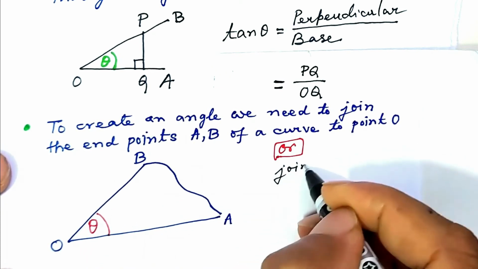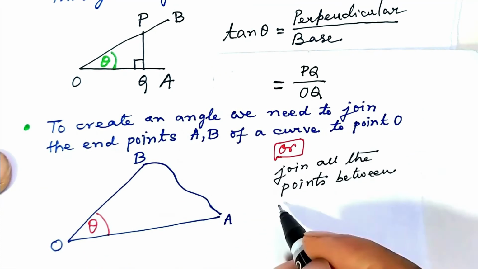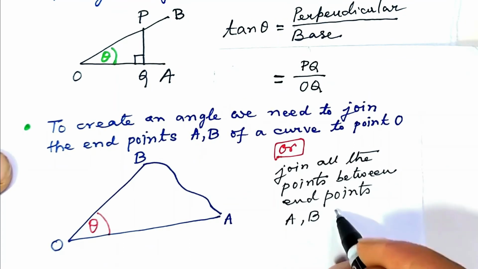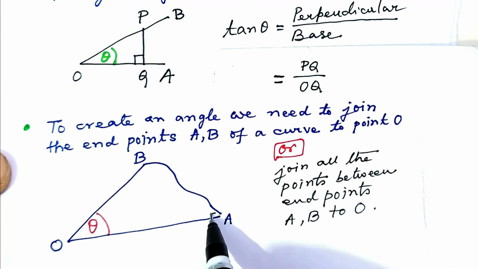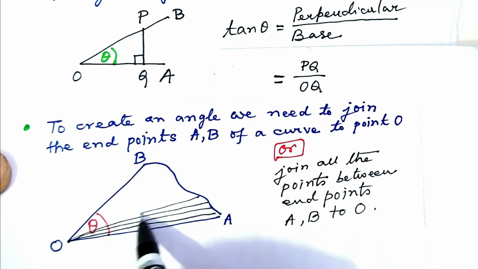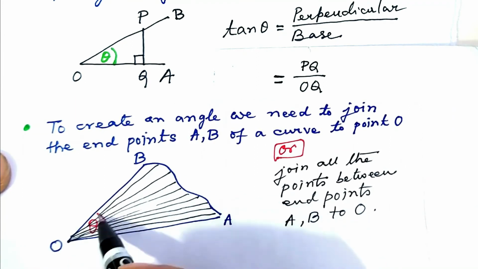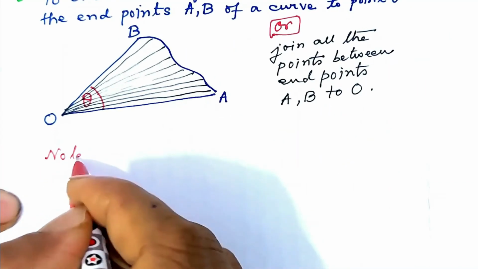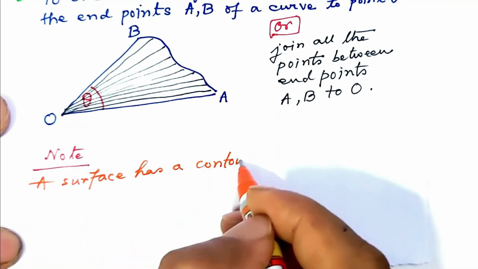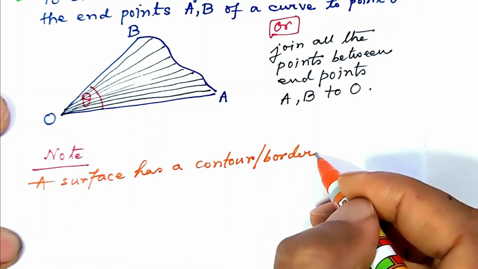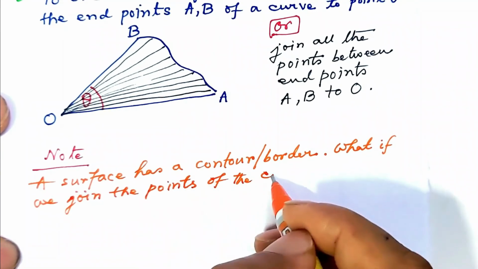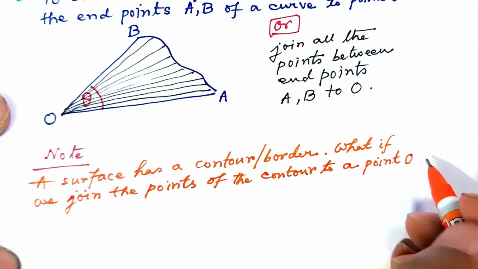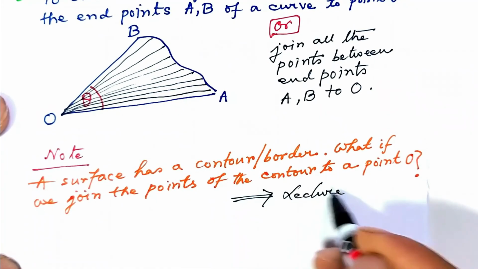Alternatively, we can join all the points between the endpoints A, B lying on the curve to the point O. And this is how we generate the same angle theta. Note: a surface has a contour or border, I mean an open surface. What if we join the points of the contour to a point O? This we will discuss in lecture 2.